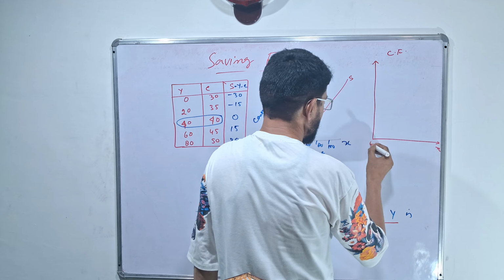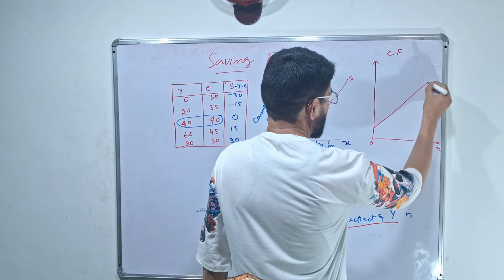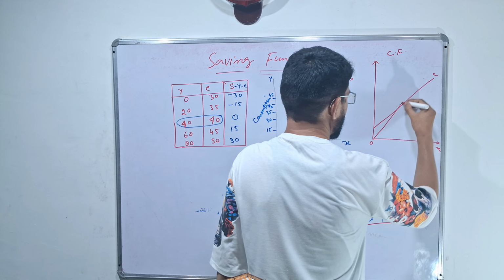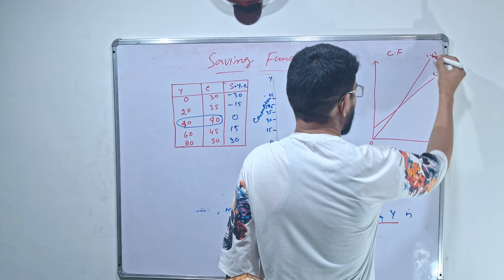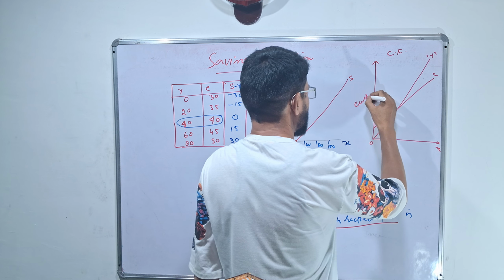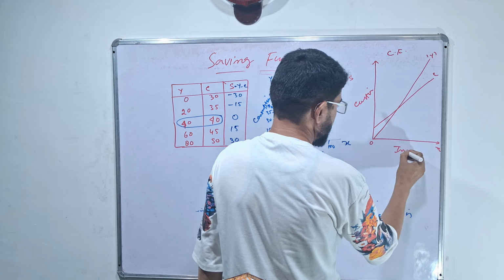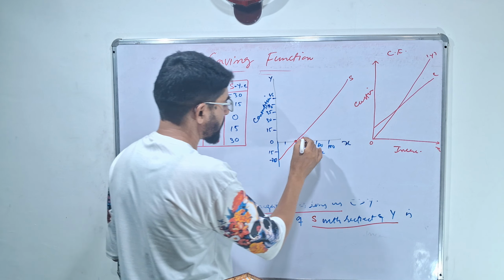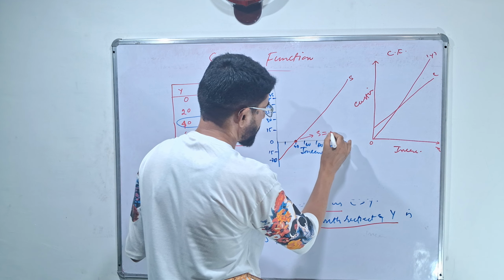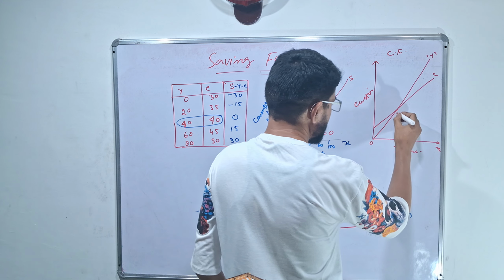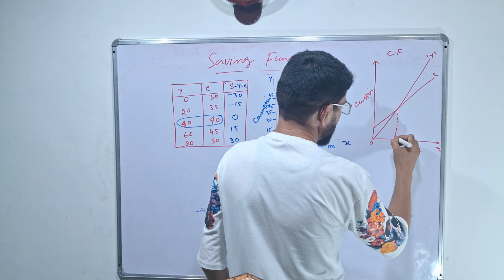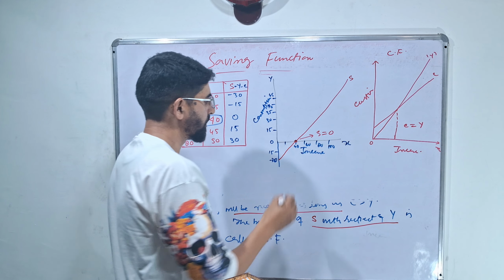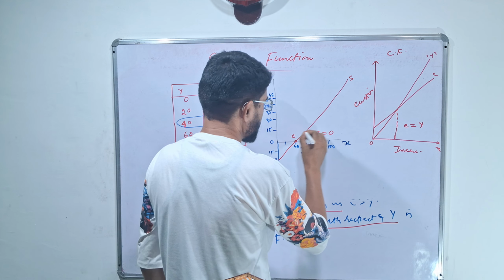This is the level of income, Y. Here is consumption, here is income. Here S is equal to 0. Similarly, here C equals Y. This is the consumption function.